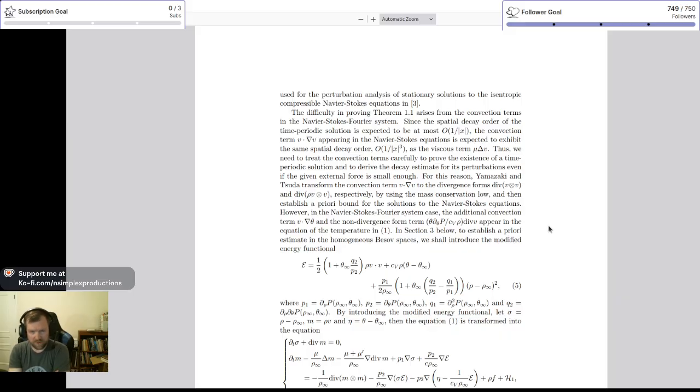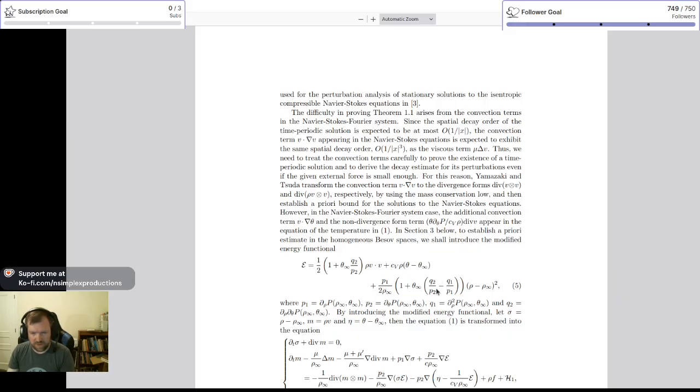In section 3 below, to establish a priori estimates in the homogeneous Besov spaces, we shall introduce the modified energy functional, capital epsilon, which is equal to all of that.